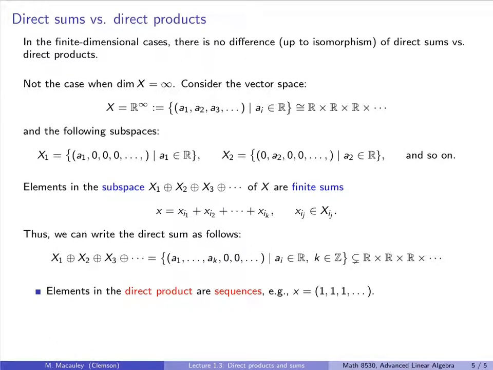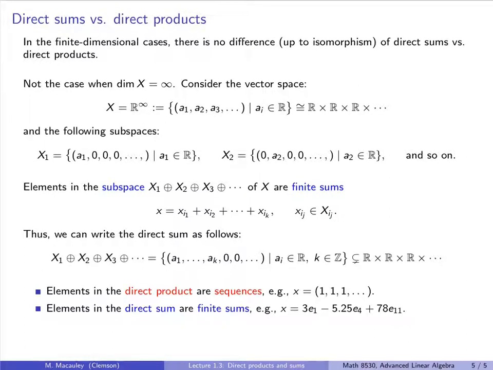So for example, the sequence 1, 1, 1, 1 indefinitely, which is in the direct product, is not in the direct sum. So elements in the direct product you should think of as sequences, whereas elements in the direct sum are finite sums. So for example, you can think of an element as like 3e1 minus 5.25e4 plus 78e11.